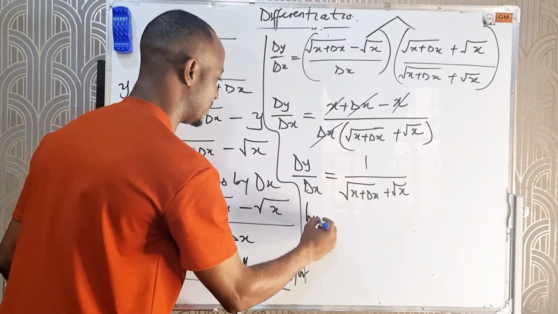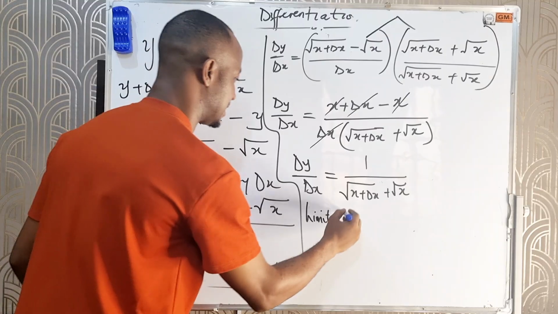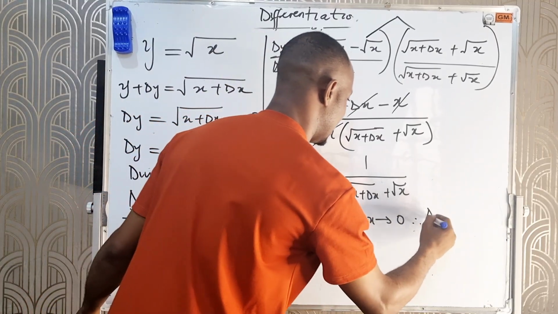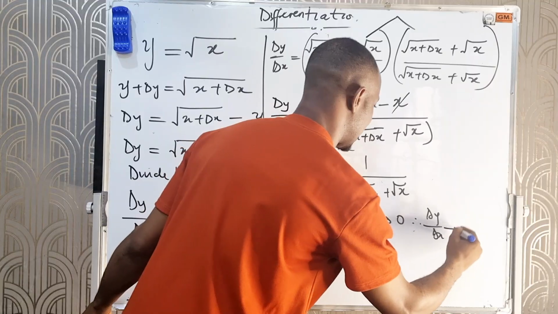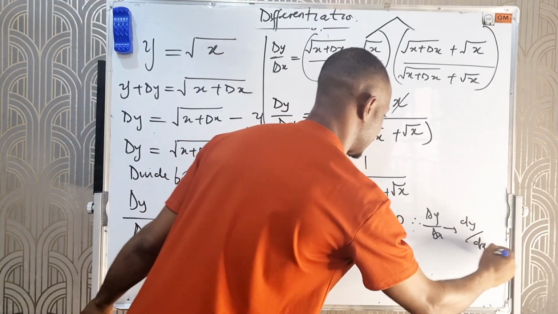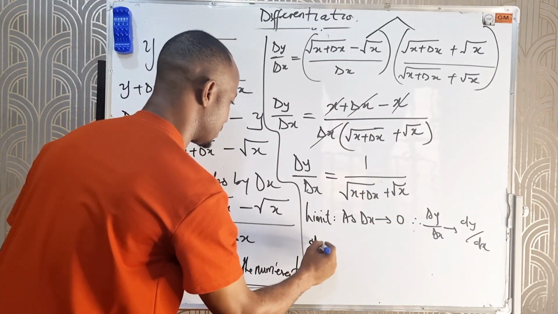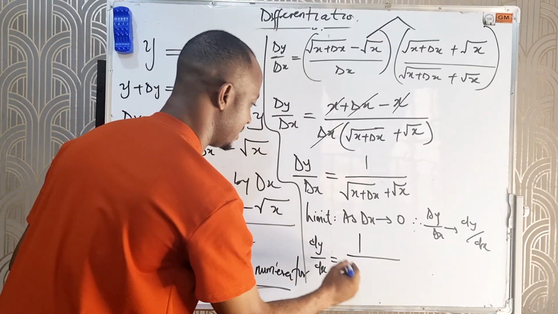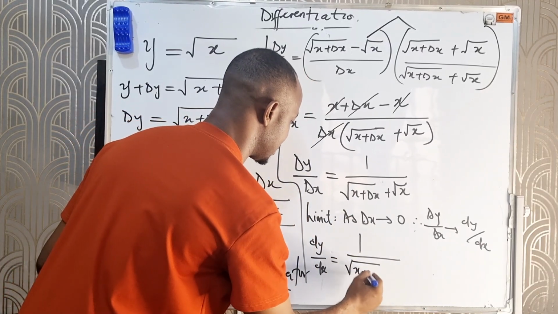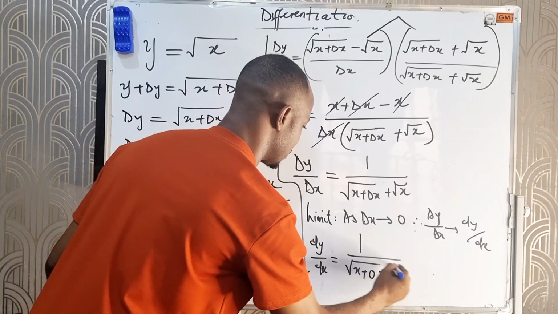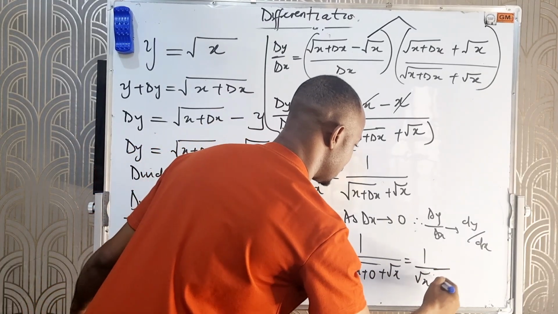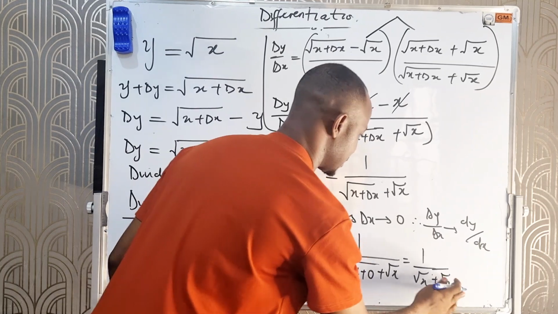Then at this point, I will take my limits, that as delta x approaches 0, delta y over delta x must approach dy/dx. So that means dy/dx becomes what? 1 divided by root x plus 0 plus root x. And that will give us 1 over root x plus root x.